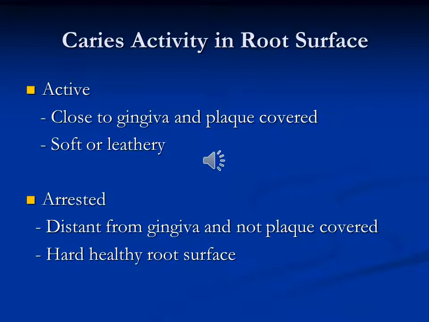This means that there was a previous lesion, and as I said, something happened and changed the situation, for example oral hygiene, exposure to fluoride, dietary changes, or any other reason that caused the active caries to get arrested. The carious lesion will be hard and healthy, and cannot be easily removed.